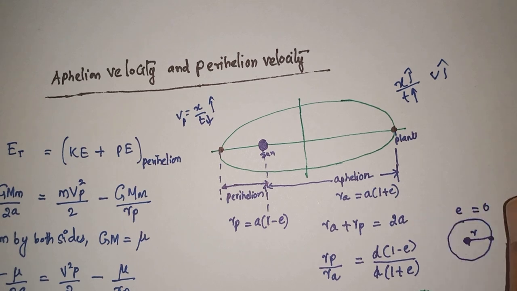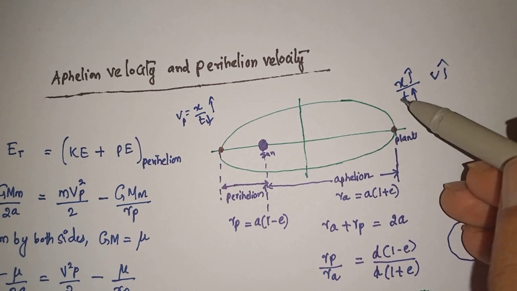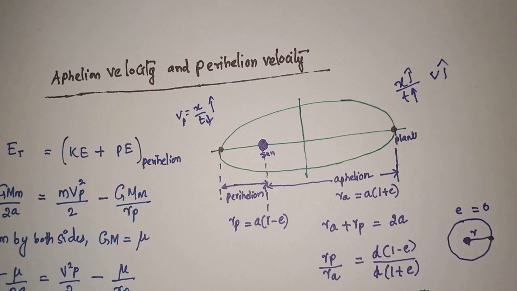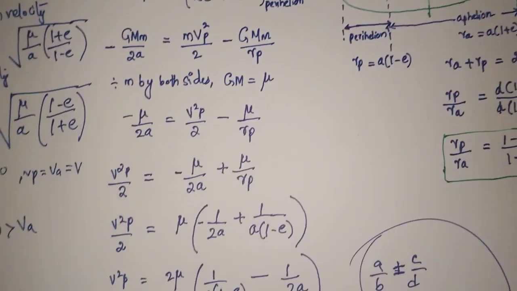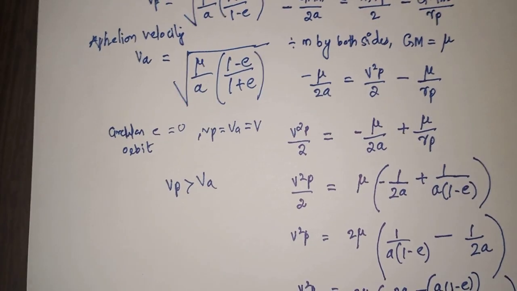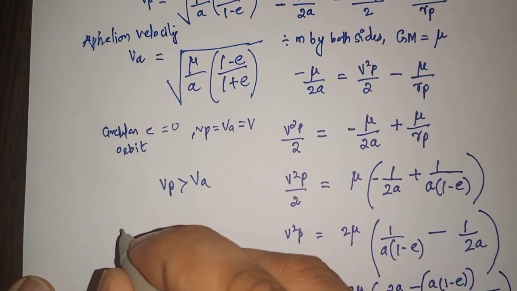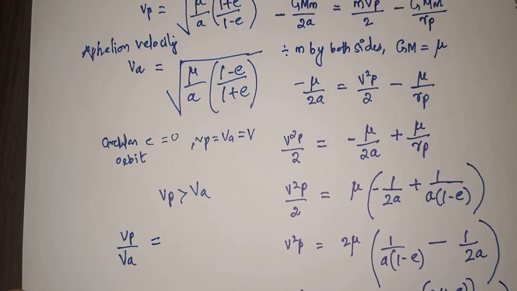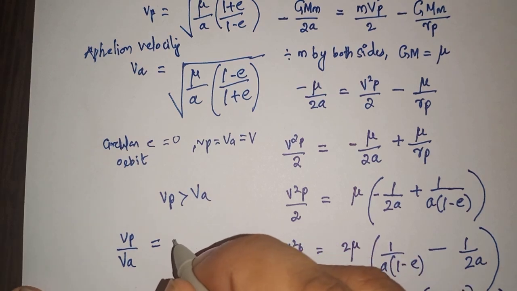So that is the fundamental stuff over here. And always your vp at the perihelion is going to be greater than at the aphelion. Now, if you compare vp divided by va, you will get a good result. You simply end up with 1 plus.